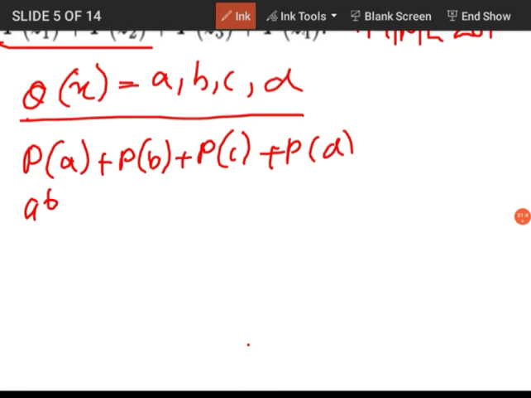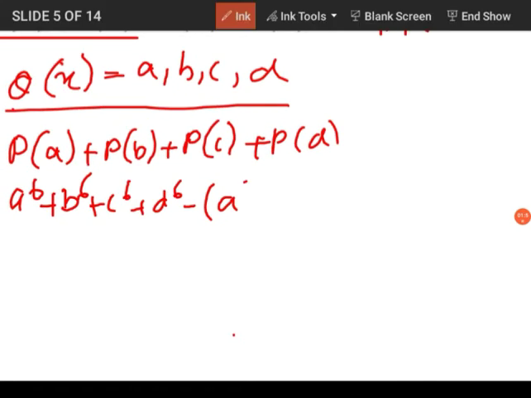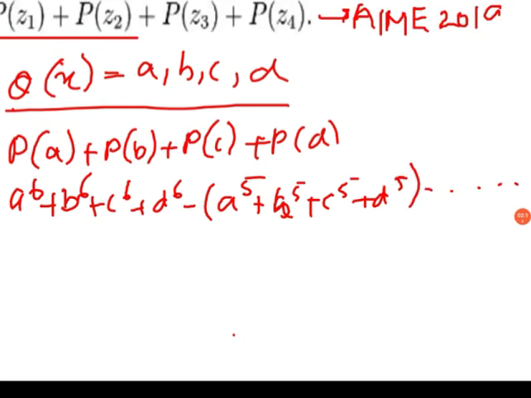a^6 plus b^6 plus c^6 plus d^6, minus a^5 plus b^5 plus c^5 plus d^5, minus, and so on. Like, we defined a_n, right?